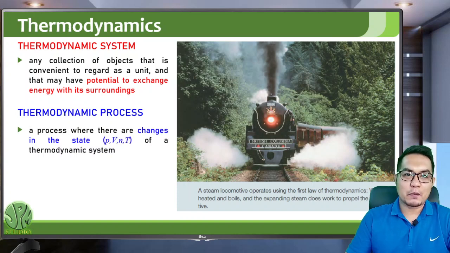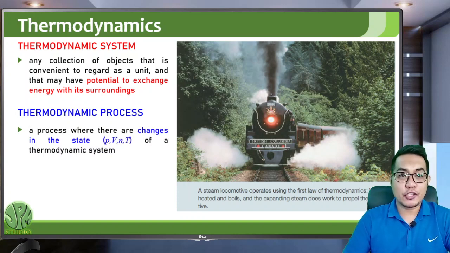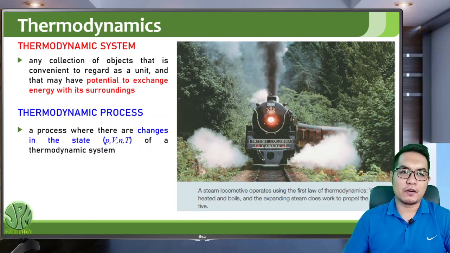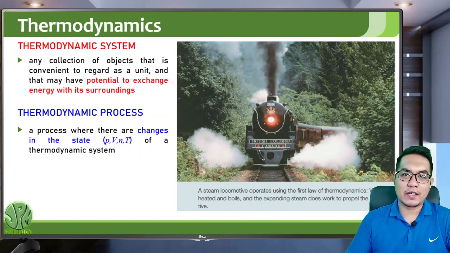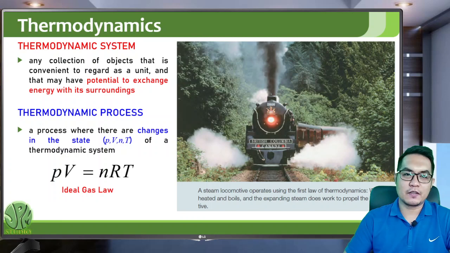A thermodynamic process is a process where there are changes in the state of the thermodynamic system. When we say state, it can mean the pressure, the volume, the number of moles, or the temperature of the system. There is one familiar law which relates the pressure, volume, number of moles, and temperature: the ideal gas law.